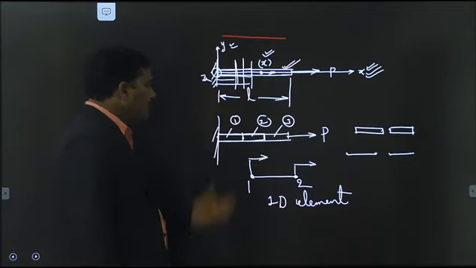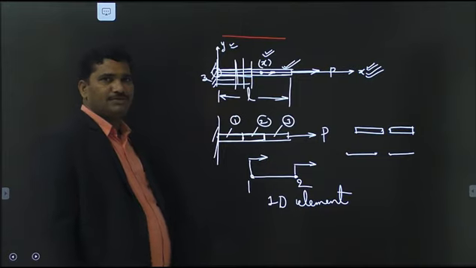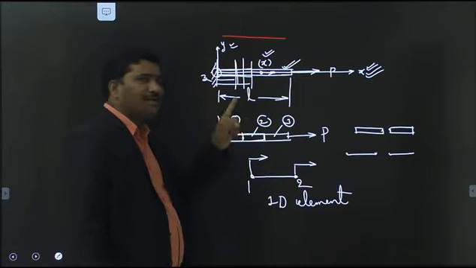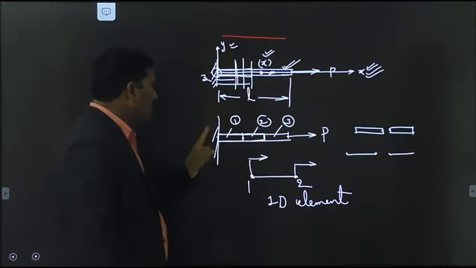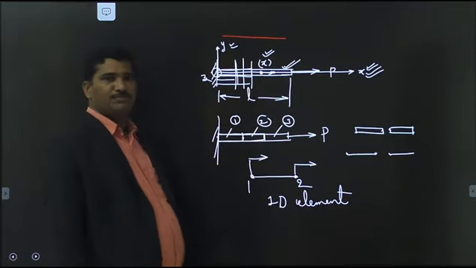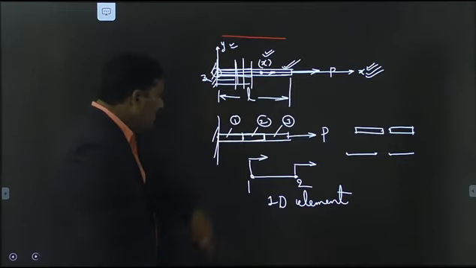Therefore you can say it is a 3-element finite element model. How many nodes are there? 4 nodes, and each node has only 1 degree of freedom.